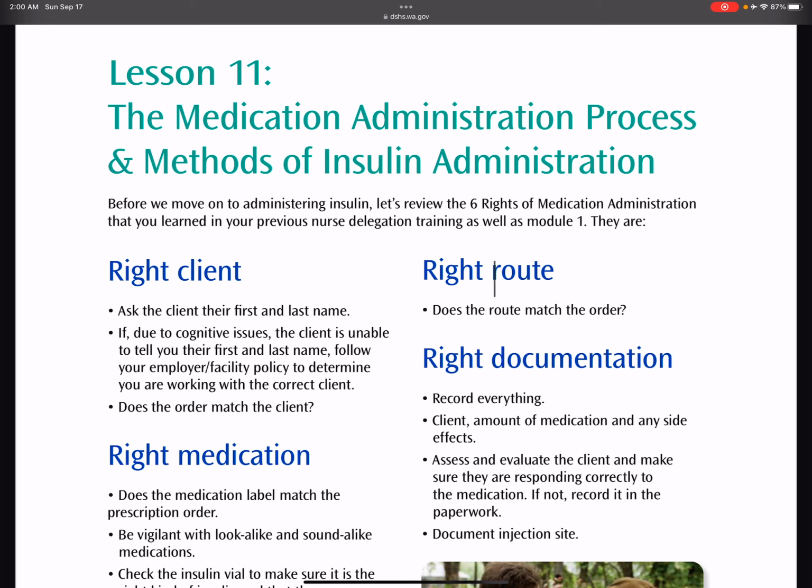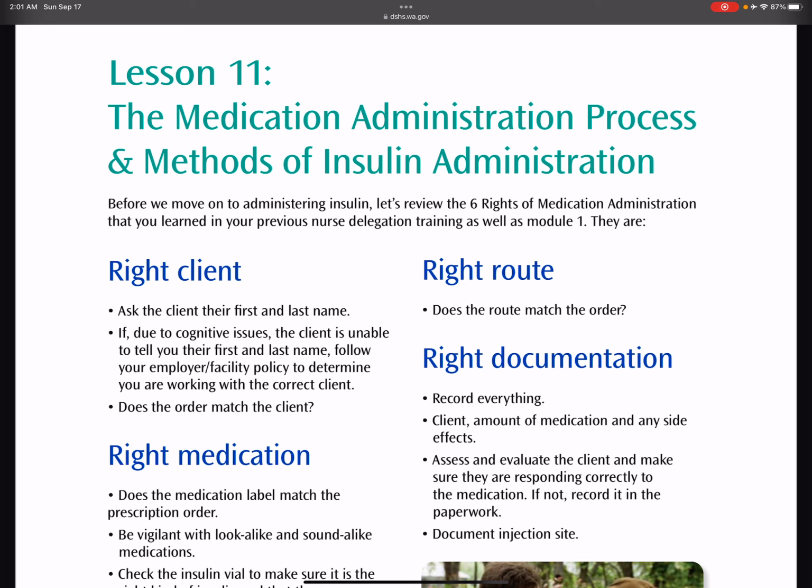The right dose: does the strength and dosage match the order? Right time: does the administration time match the order? Right route: does the route match the order? Right documentation: you have to record everything, the client, the amount of medication, any side effects, and where you gave the injection. These are the 6 rights.